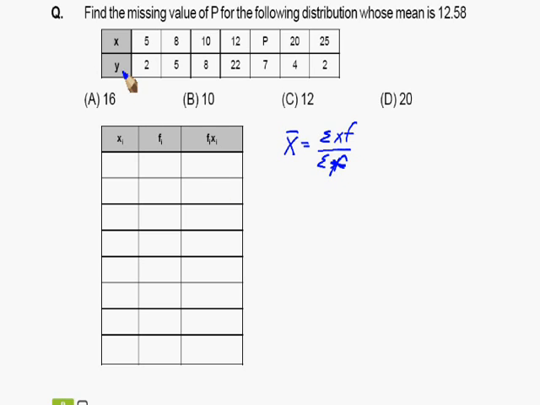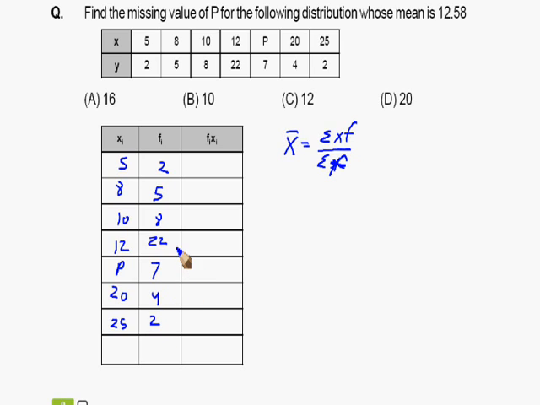So in this table we have given x, that is 5, 8, 10, 12, p, 20, 25, and the corresponding frequencies are 2, 5, 8, 22, 7, 4 and 2.